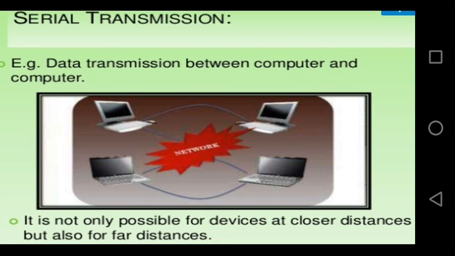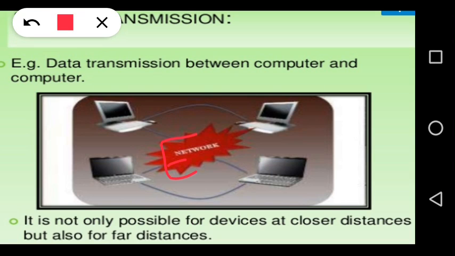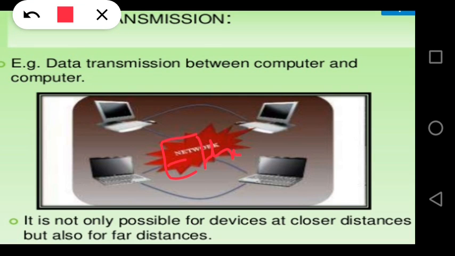Now, serial transmission is more popularly used. Example, data transmission between computer and computer. In Ethernet, when one computer is connected to another computer via wire, it follows a technique called serial transmission.